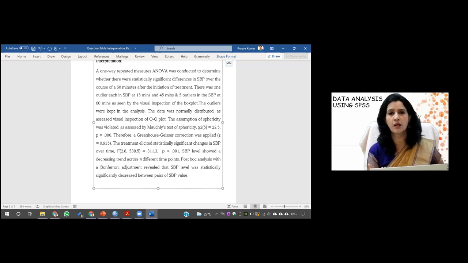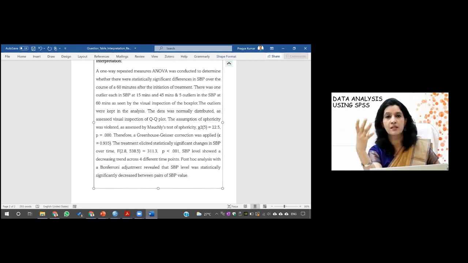Repeated measure ANOVA is a specific type of study design, and the beauty of this design is that even if there are fewer samples, because if you want the effect of 4 conditions, then you would need to take 4 different groups of individuals. But with repeated measure ANOVA, with fewer subjects, you can do the 4 conditions on the same set of subjects and see the effect.